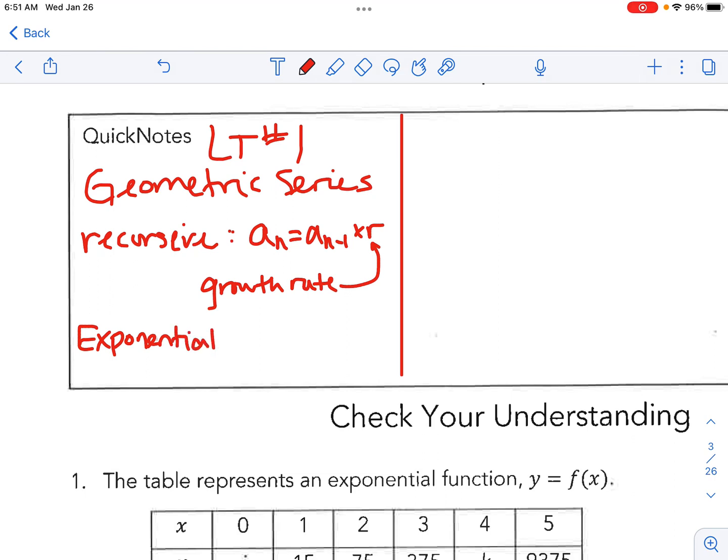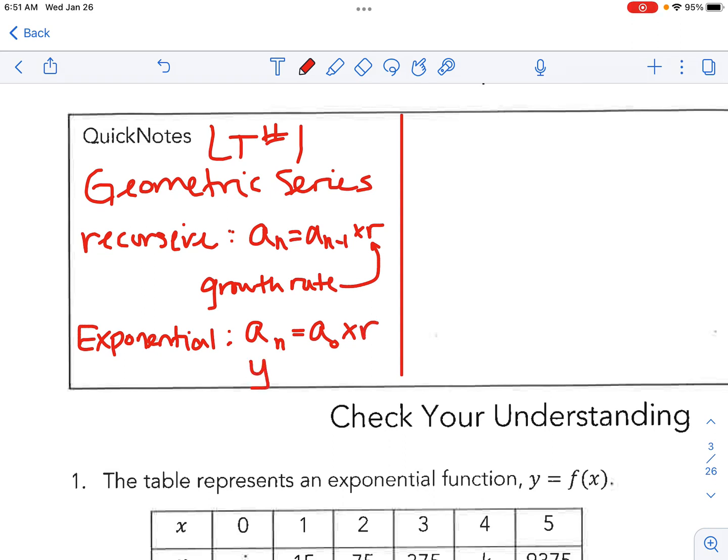And the exponential equation is the y. Well, let me write the equation that we just came up with, where we said it's the starting value a sub 0 times that rate.